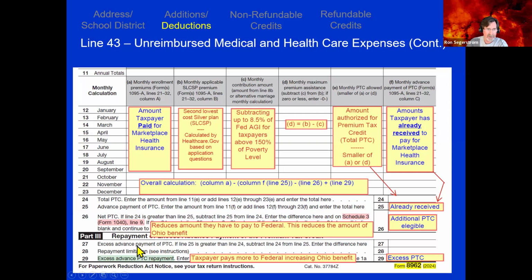Whereas if they have to repay something, this is the excess advance PTC repayment. If the taxpayer ends up paying more, that actually adds to the Ohio credit. So the overall calculation is column A minus column F, minus line 26 plus line 29 to figure out how much goes in that line 43.